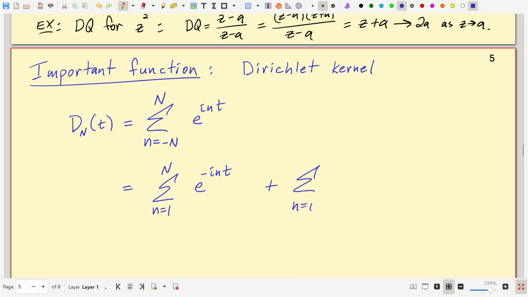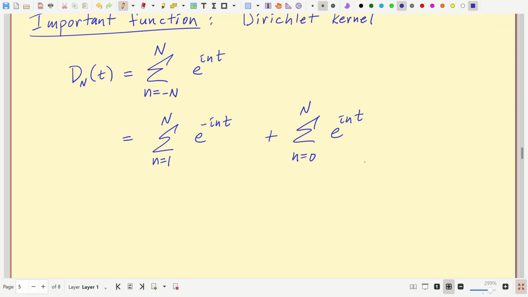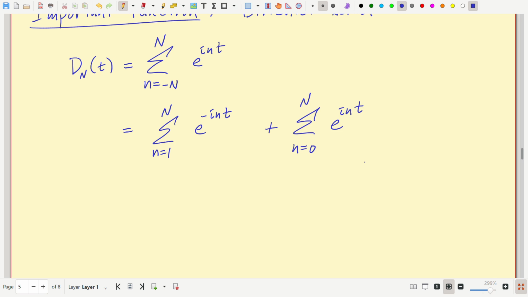That would be a sum from 0 to capital N of e to the int. Okay, and that is the sum as n goes from 1 to capital N. Cosine minus nt is cosine nt, because cosines are even. And the sine one is negative. Sine of minus nt is minus sine of nt.